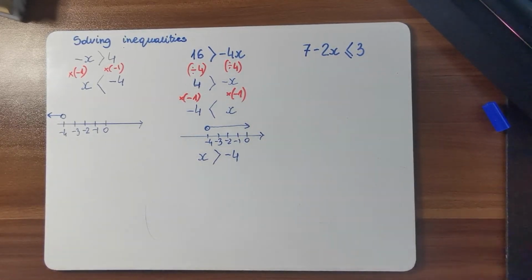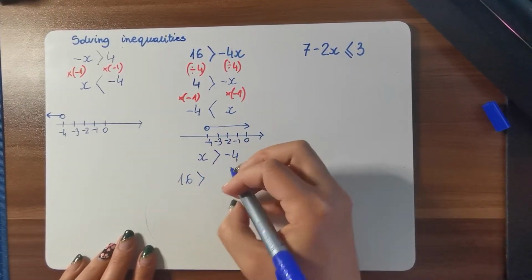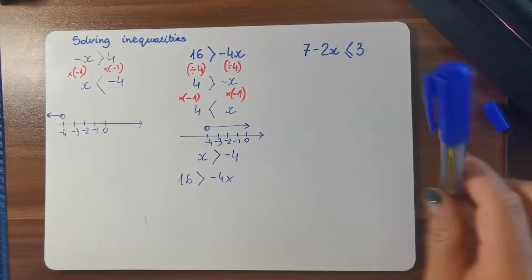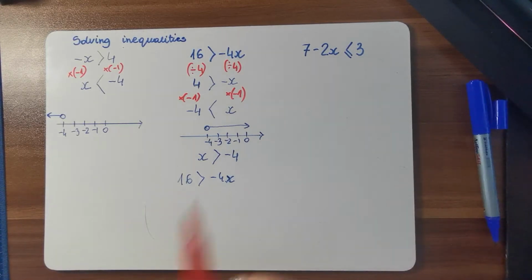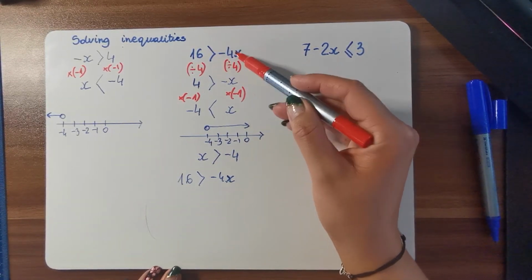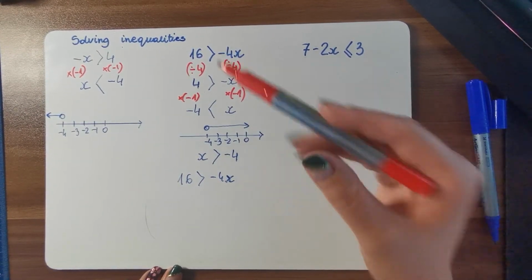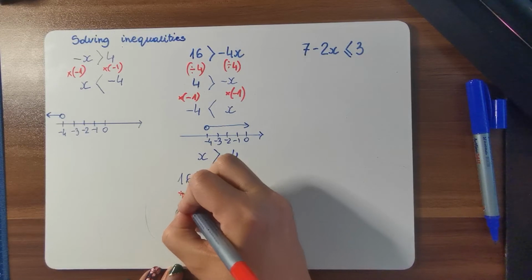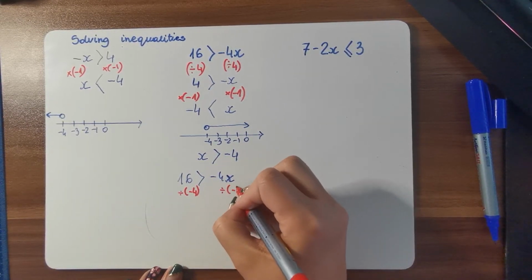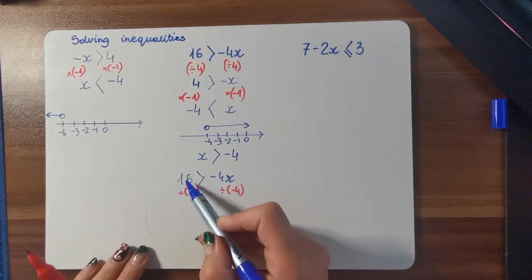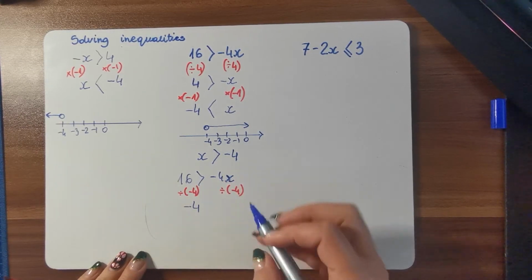The second way to solve 16 is larger than negative 4x is dividing in the first step by negative 4. So we can straight away divide both sides of our inequality by negative 4. 16 divided by negative 4 will give us negative 4.